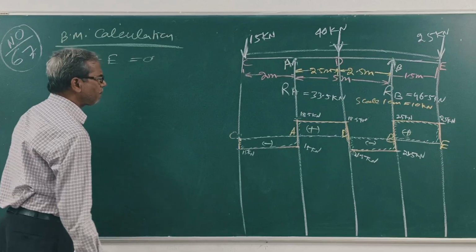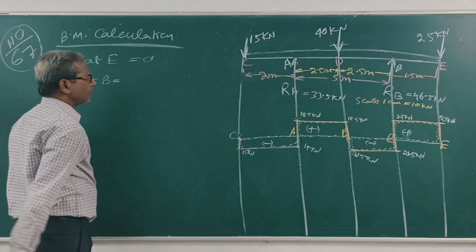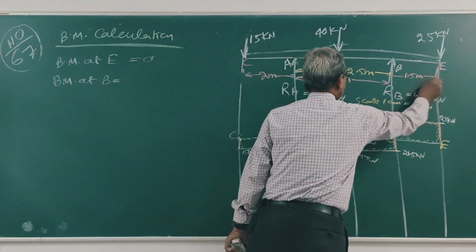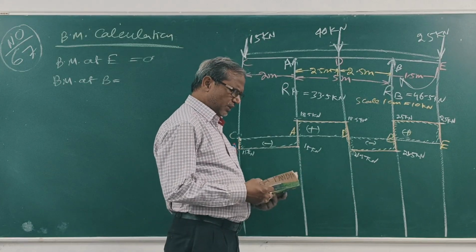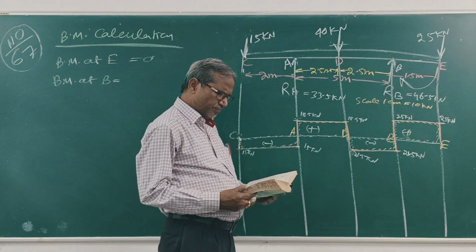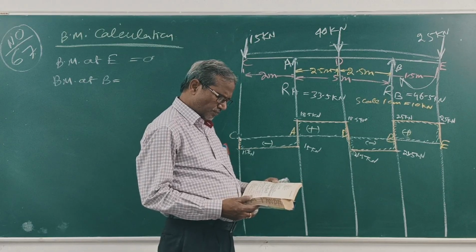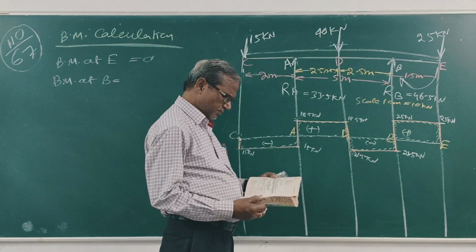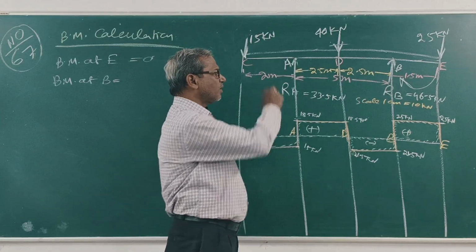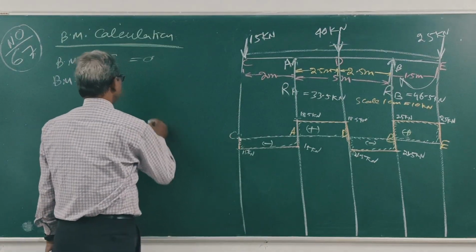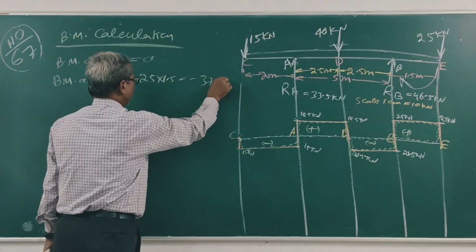At B, BM at B is equal to 25 into 1.5. This will be 37.5. Minus 25 into 1.5 is equal to minus 37.5 kilonewton meter.